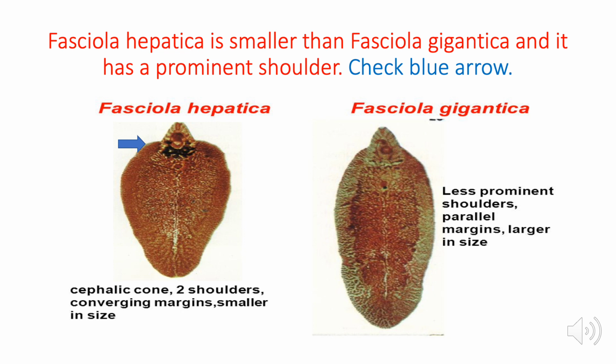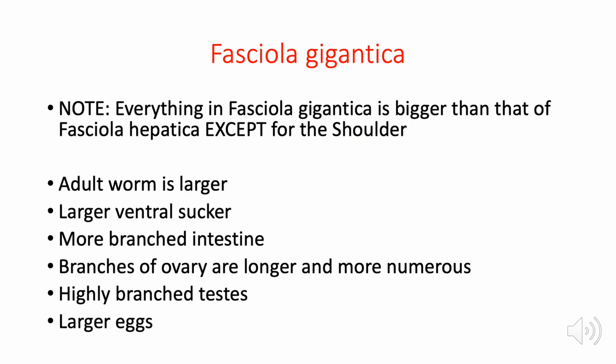To differentiate Fasciola hepatica from Fasciola gigantica, you look for the prominence of the shoulder. Do you know that the only structure that is prominent or bigger in Fasciola hepatica compared to Fasciola gigantica is just its shoulder? The other parts of the worm are bigger or more prominent in Fasciola gigantica.